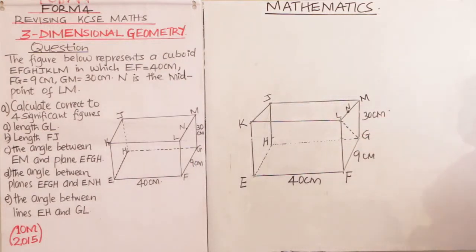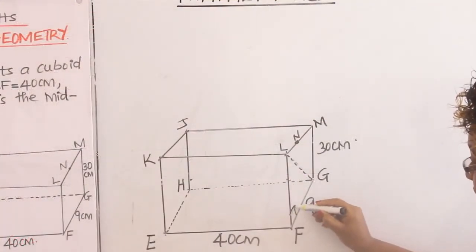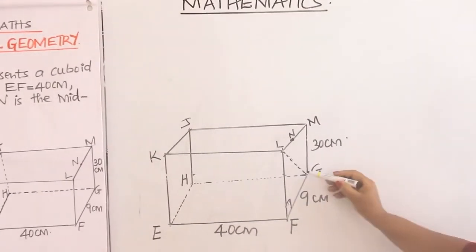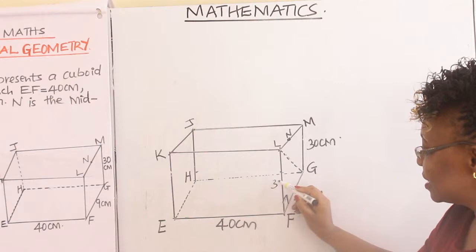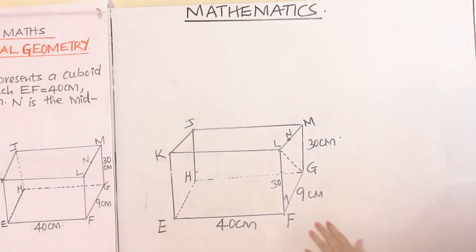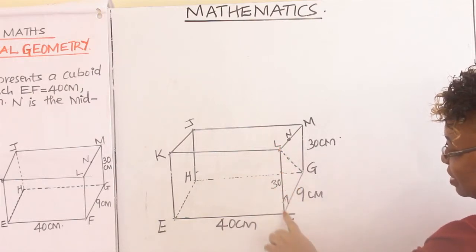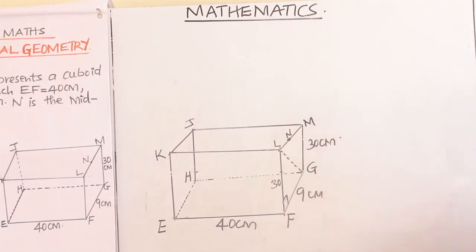How will you calculate it, GL? If this is a diagonal, we know that this is 90 degrees. From here to here, we have 9. Here, we have 30, the height. So we just use Pythagoras theorem. This is one side of the right angle triangle, the other one is there, and GL is our hypotenuse.